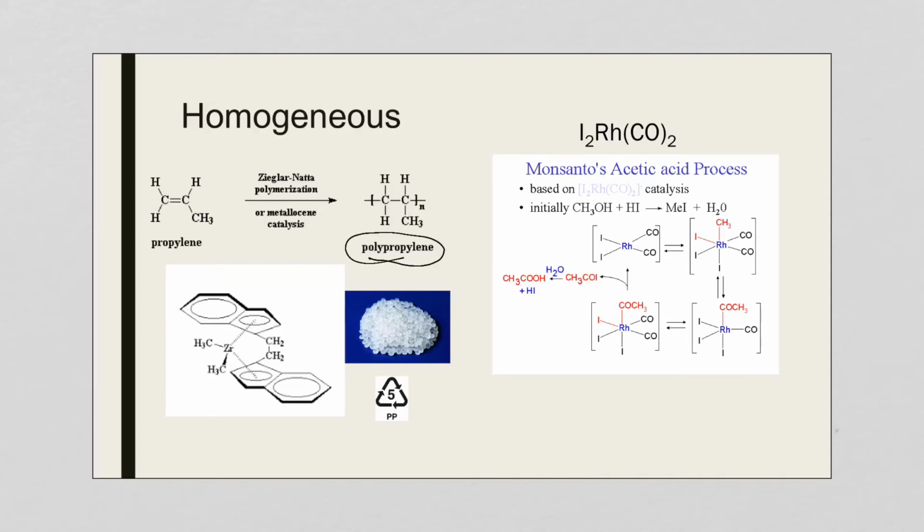A lot of these are produced via a homogeneous process, using molecules which are sometimes called Ziegler-Natta catalysts or metallocene catalysts, to do this process. And this is done in solution.